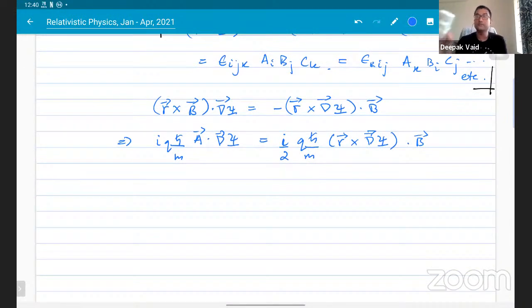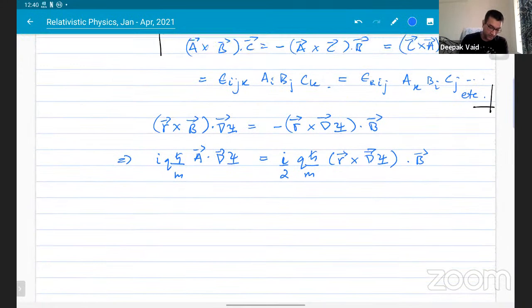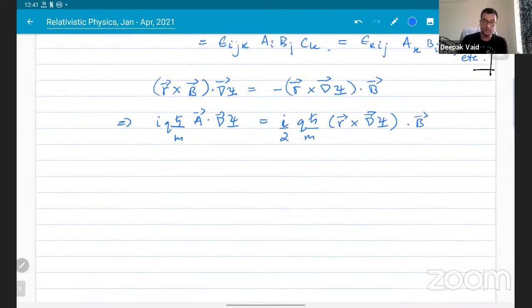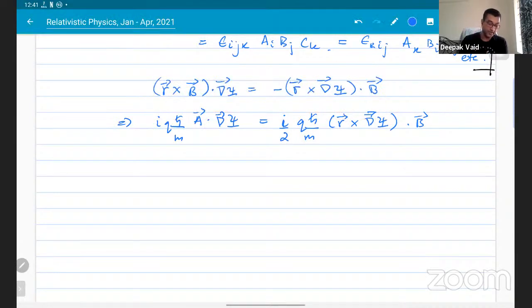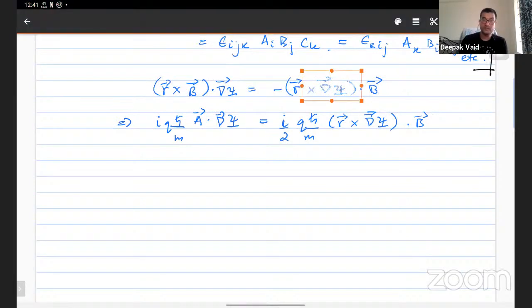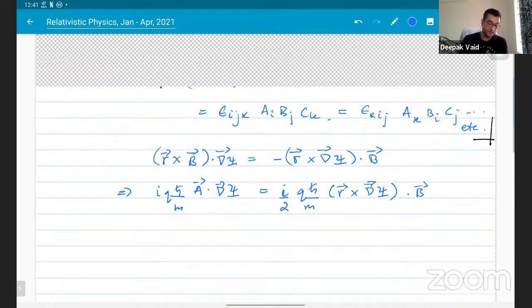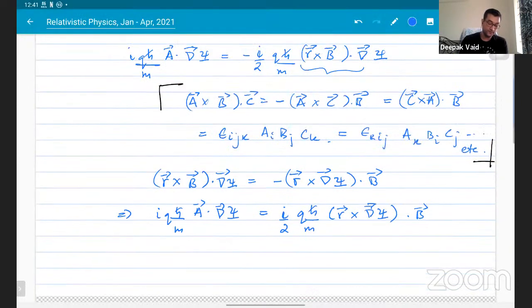And yeah, just to correct myself, as long as the gradient operator is only acting on psi, B does not need to be a constant. So as long as the gradient is only acting on psi, you can always change this, because the gradient of psi then becomes a vector. That whole expression becomes a vector, and you can just use the cyclic permutation.